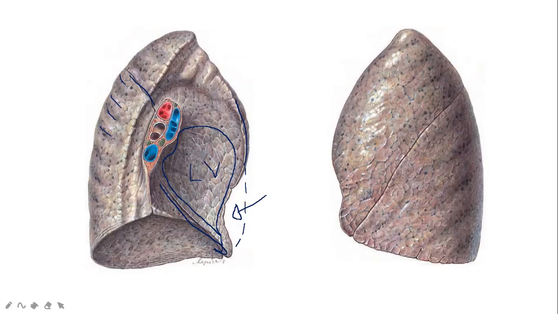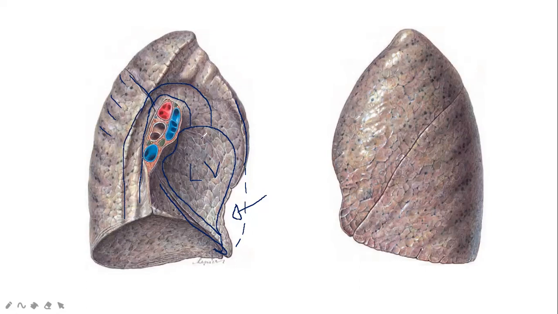From the left ventricle, we have something coming, which is the arc of the aorta. So they will be having the ascending aorta, the arc of the aorta, the descending aorta, right?